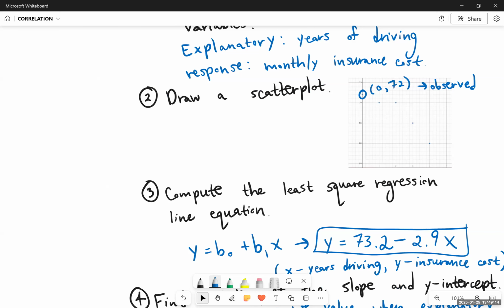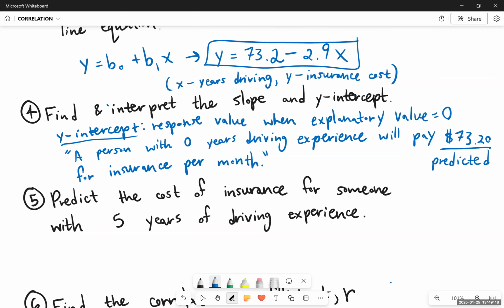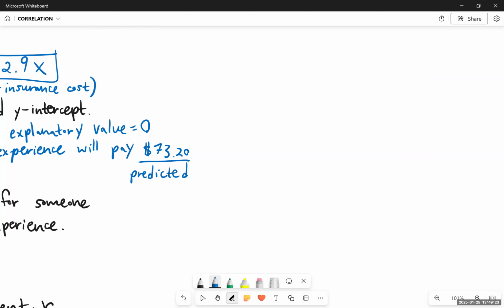Okay. I ran out of space, but we got the intercept, but we also need to know the slope. What does that stand for? I'll use the space on the side here. Slope is the change in your response value, right?